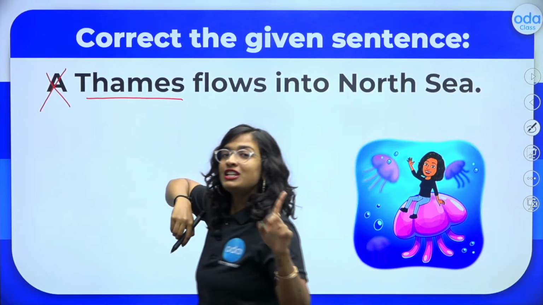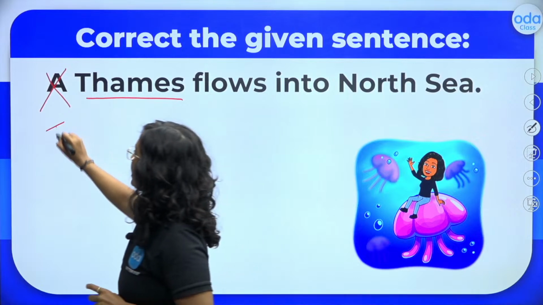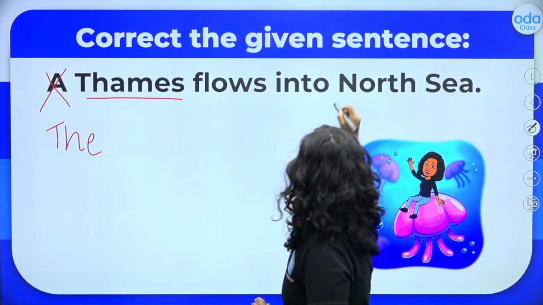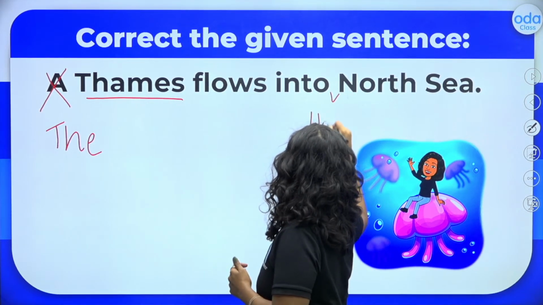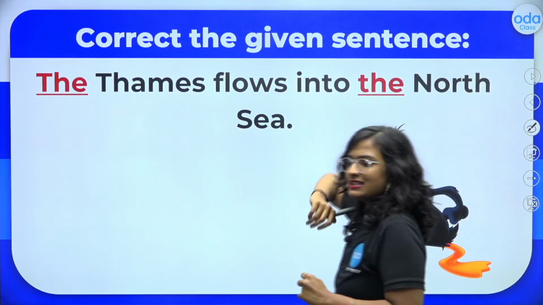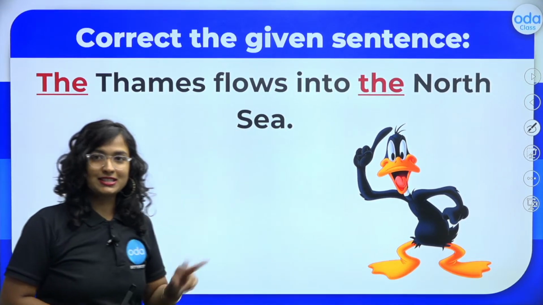We will actually use our article the, right? So, we will remove our article a here and add our article the. Similarly, here, even before names of seas, we use our article the. So, let's correct this sentence and let's write it down as the Thames flows into the North Sea.